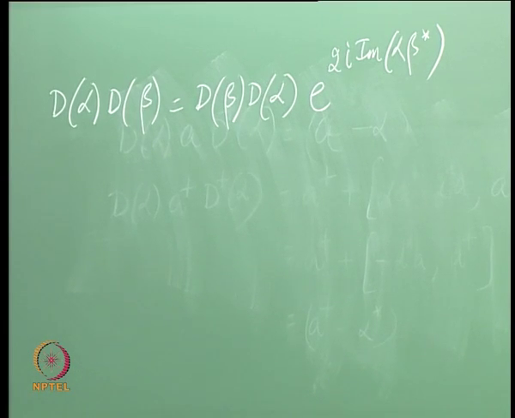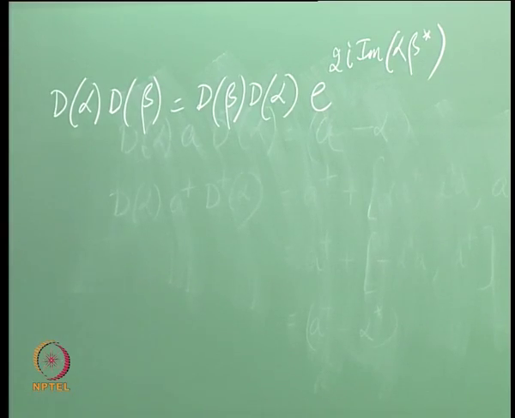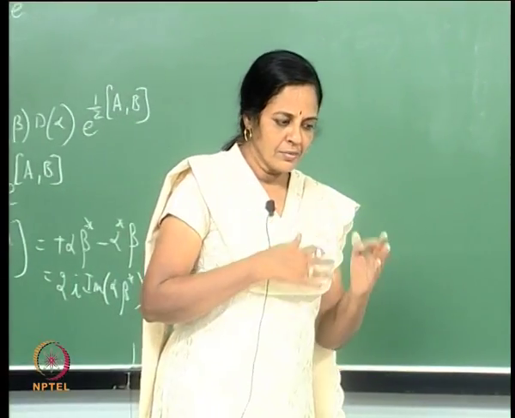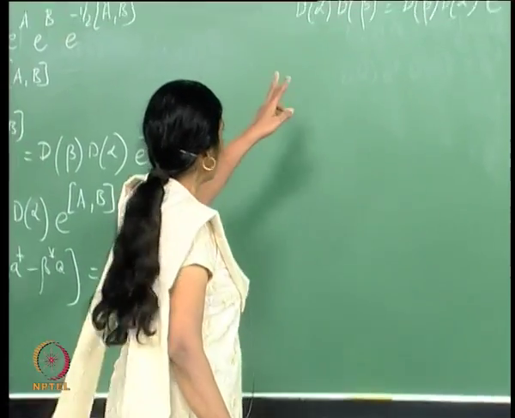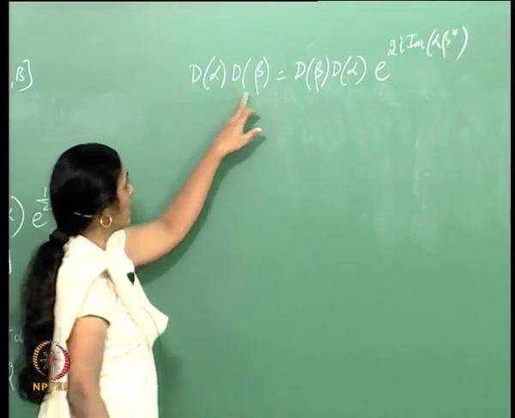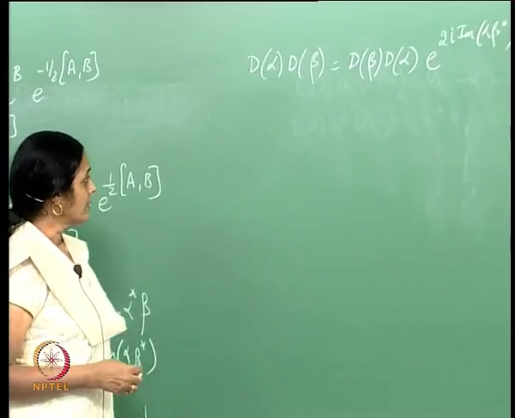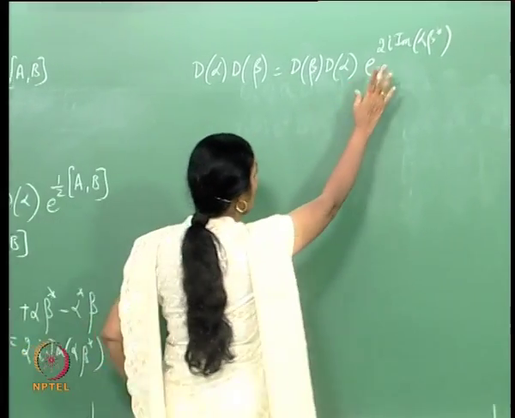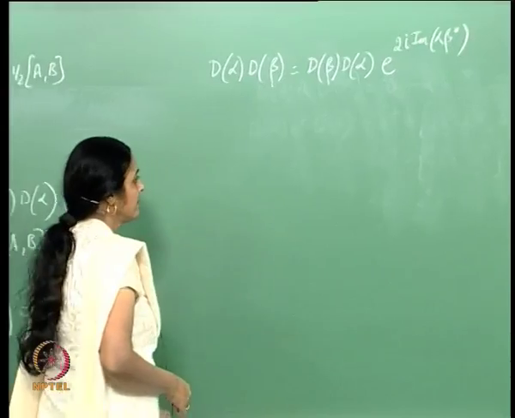So it is important to realize that these two unitary operators, the displacement operators with alpha and beta as arguments, do not commute with each other. They certainly pick up an extra phase out here.